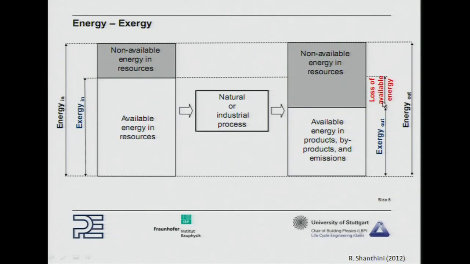This much here in red was lost. Remember, this was never available to us, right? So this is really the energy into the system. This is the energy out. This should be energy out, actually. Okay. This is exergy out. This is the total energy that we thought we were putting in, but really it wasn't, a bunch of it wasn't available, right? So, you know, you don't burn every single little bit of that mass in the coal, for example.